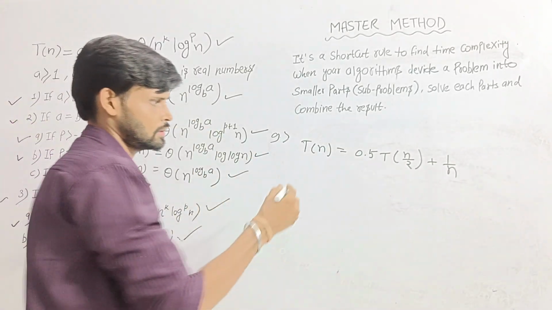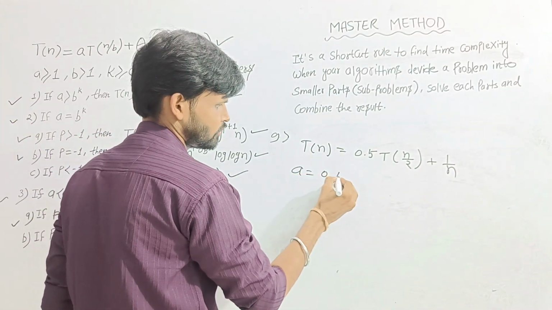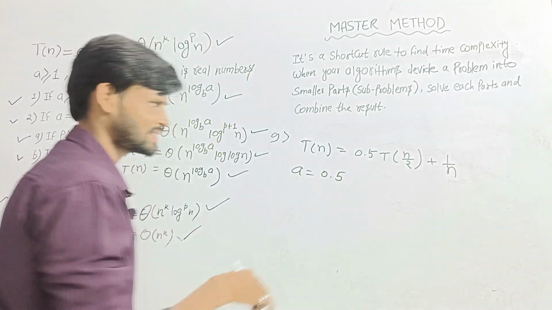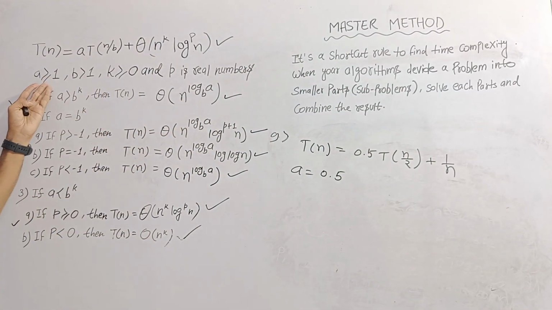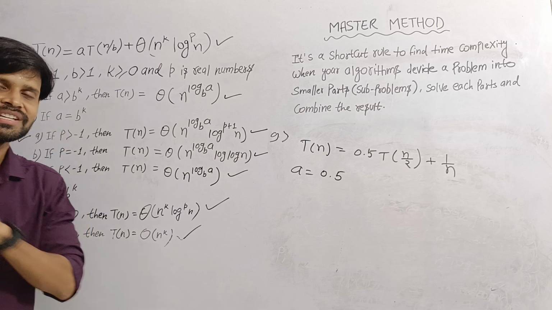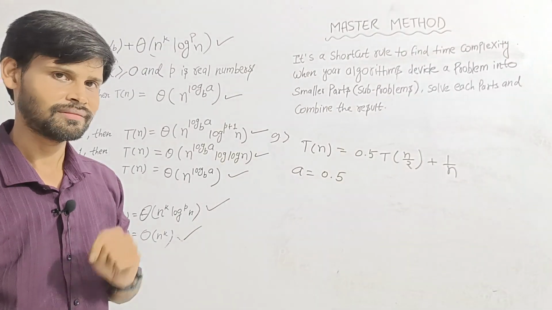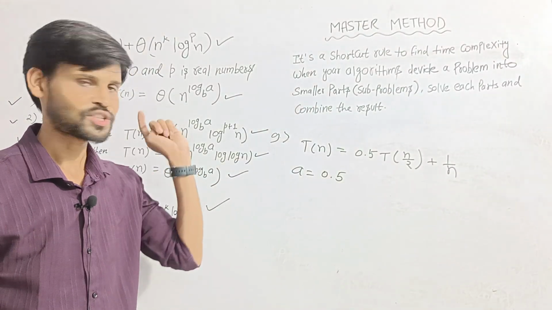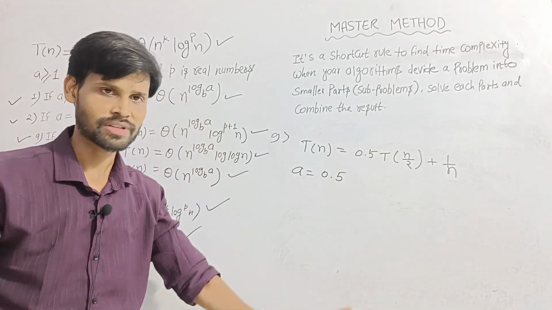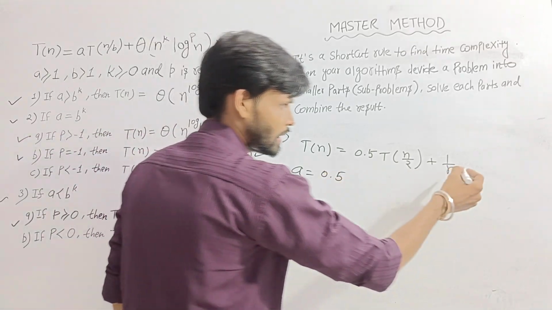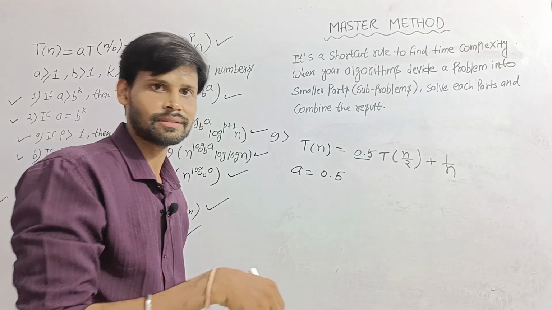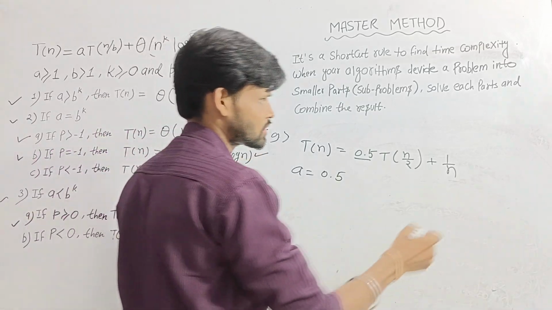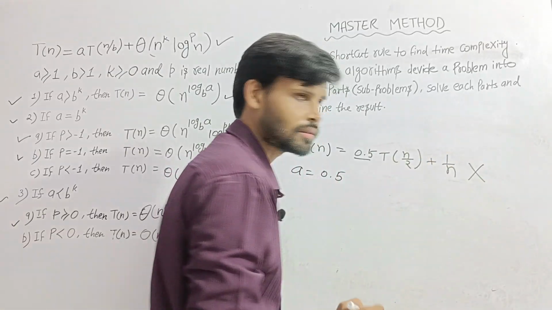Here you can see a = 0.5, but a must be greater than or equal to 1 to apply the master method on a given recurrence equation. If you have 0.5, less than 1, then you cannot directly apply the master method on this question.